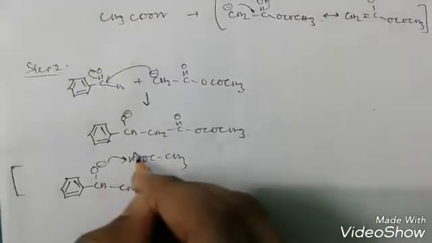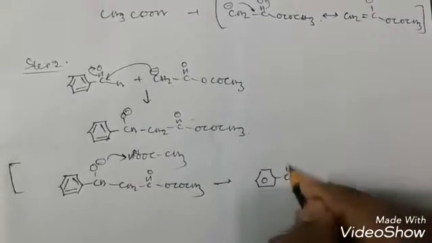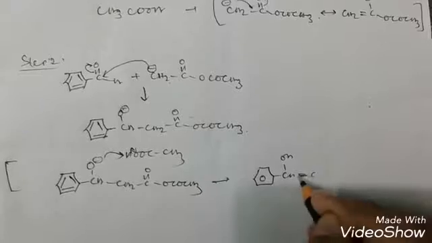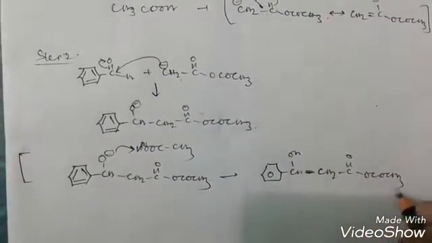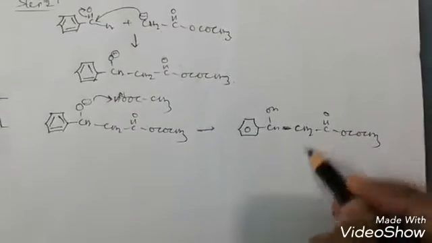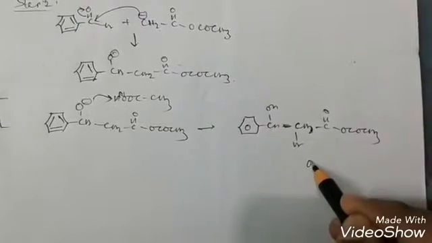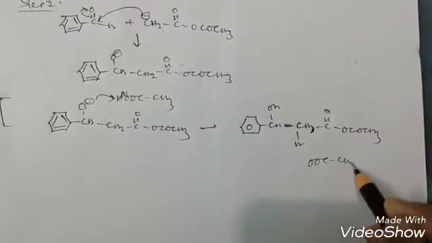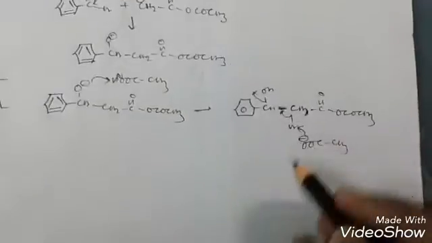They abstract a proton from here, and then they show it like this: OH single bond, CH2, C double bond O, CH3. They show the acetate ion abstracting the hydrogen, and OH leaving like this.